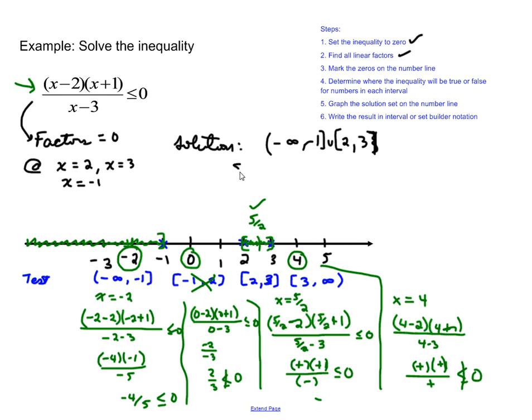If I use set builder notation, here's how I would write it: the set of all x such that x is less than or equal to negative 1, or x is between 2 and 3. Either way, we're done. More in the next video.